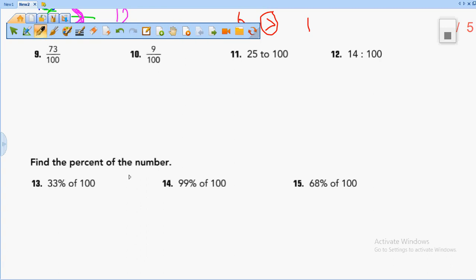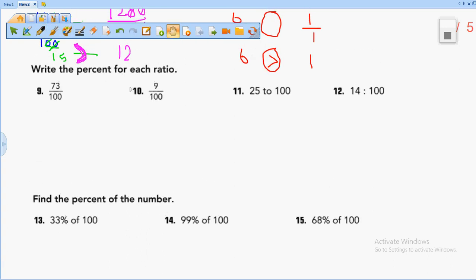Now look here. Let me read the question. Write the percent for each ratio. Look, 73 over 100. I told you before, percent means every 100. So I have 73 every 100. I can say 73%.